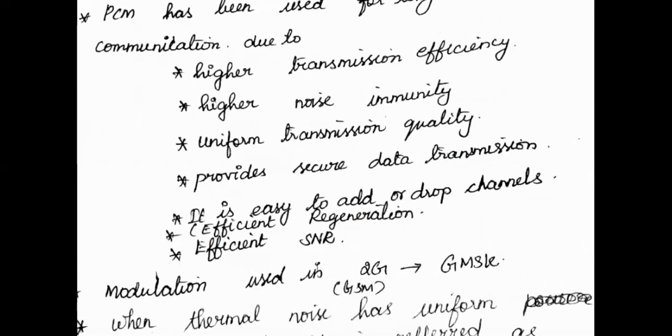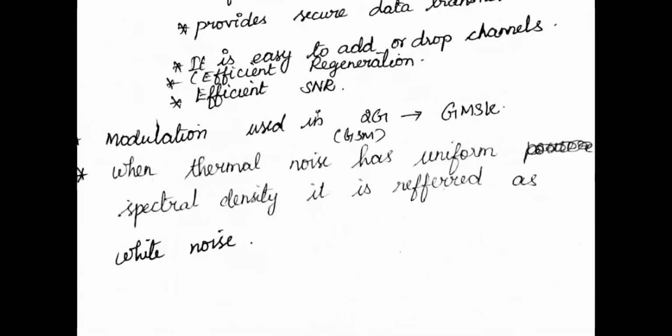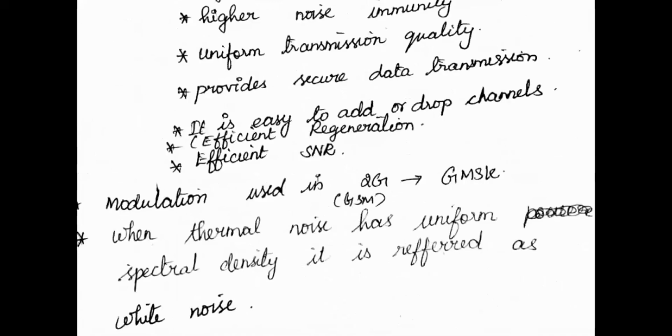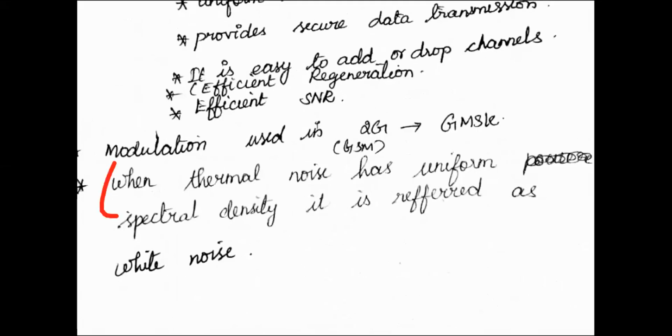Again, she has written the modulation used in 2G is GMSK, Gaussian minimum shift keying. Again, I asked you one question: what is the main difference between thermal noise and white noise? She has given some answer. Thermal noise has uniform spectral density, and it is also referred to as white noise.